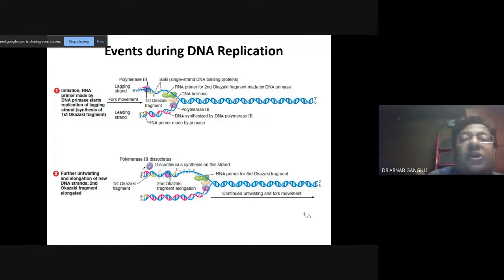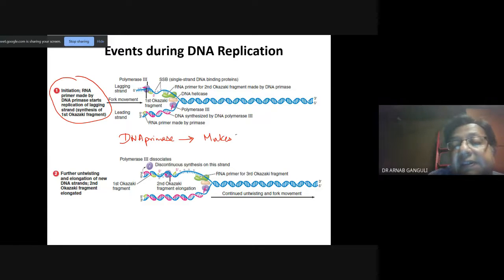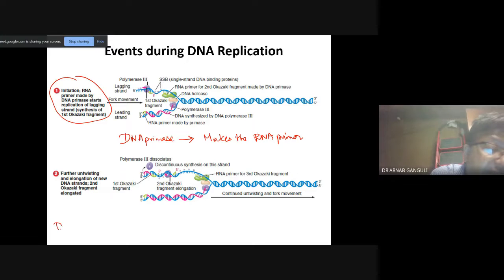So let us see what the events are. First is the initiation which is taking place. The RNA primer is made by DNA primase. There is this enzyme known as primase, DNA primase. It makes the RNA primer. So understand that originally Arthur Kornberg discovered the DNA polymerase, and that was DNA polymerase 1.